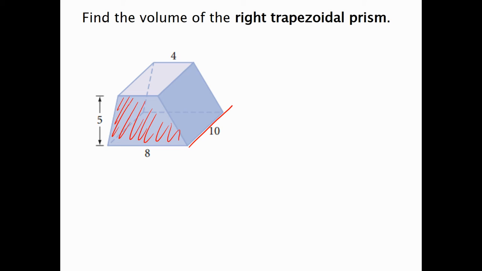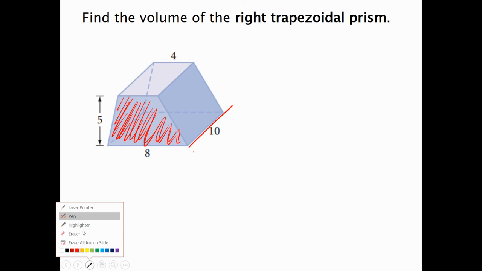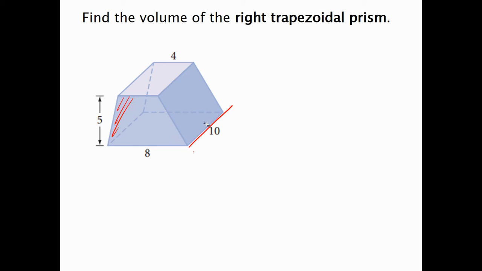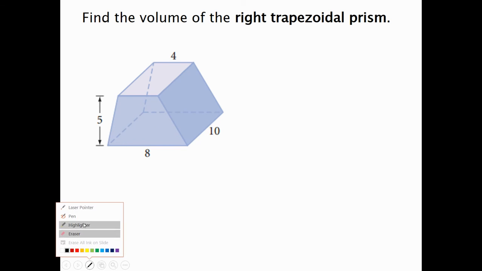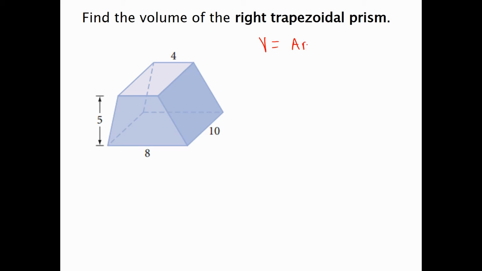So if you kind of put this part on the bottom, then 10 would be the height. So we need to find the area of that trapezoid. And in general, when you're finding volume, there's not really a formula for every single shape, but in general is to find the area of whatever the base is that is consistent throughout the entire shape, and then times the height.